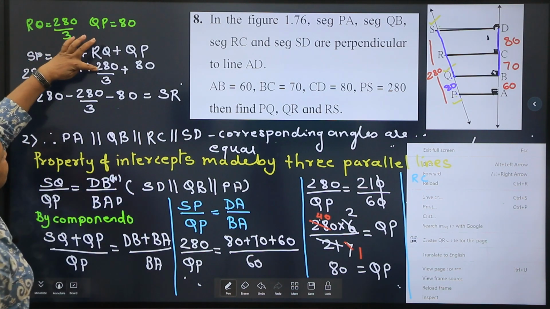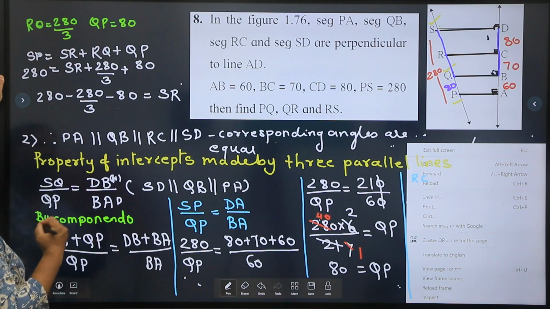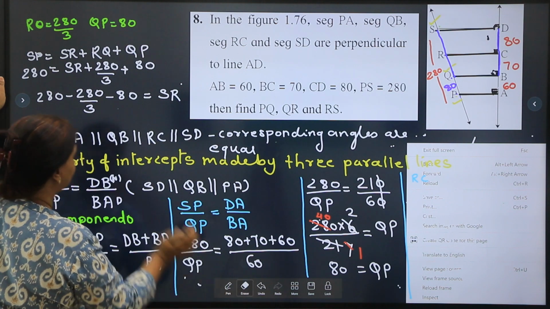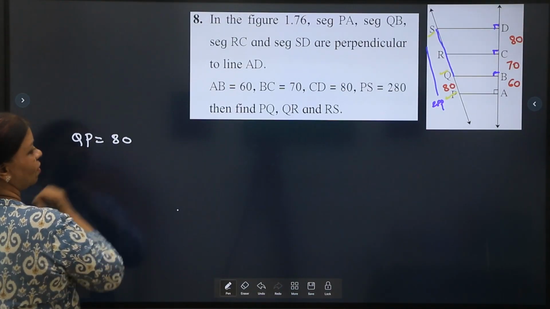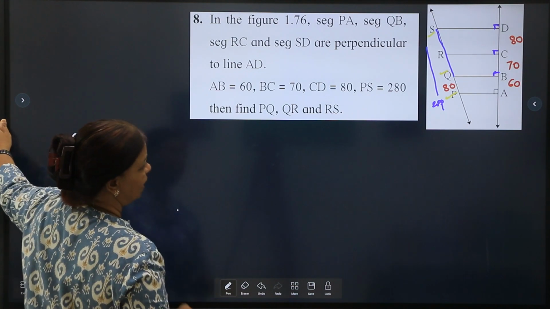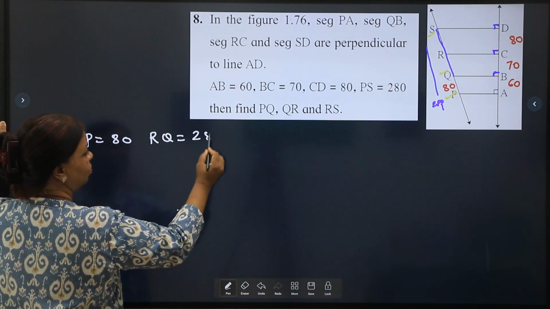See children, I shifted this side, this also this side. Now what am I getting? Let me rub this. QP as 80 and RQ we got as 280 upon 3.